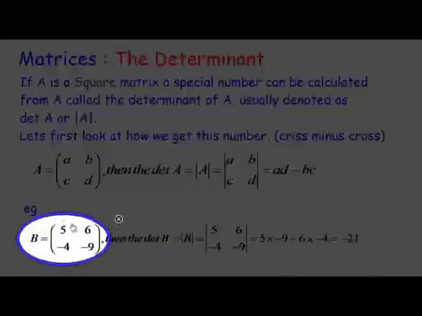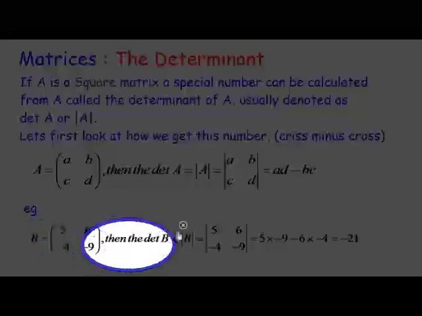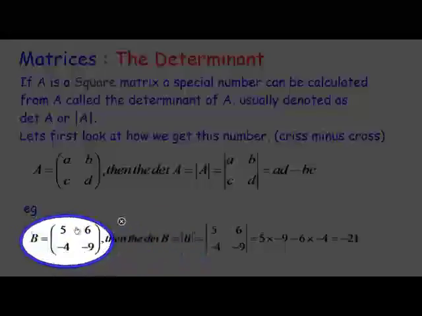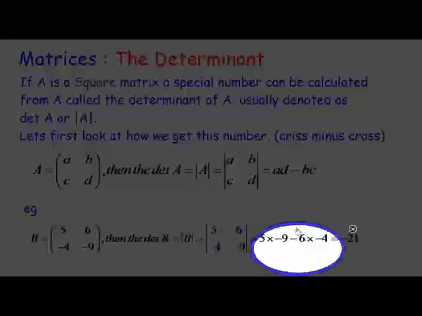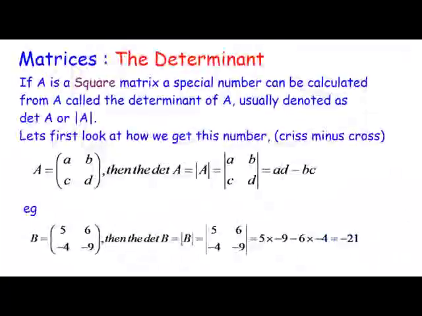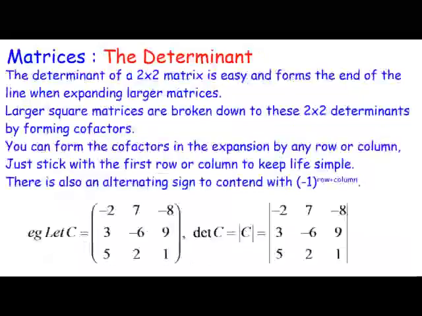Here's B. You can see 5, 6, minus 4, minus 9. And the determinant of B is this, like the absolute value symbols on either side instead of the parentheses or brackets. And you can see here its value is just minus 21. So the determinant of B's value is negative 21. That's not too bad.